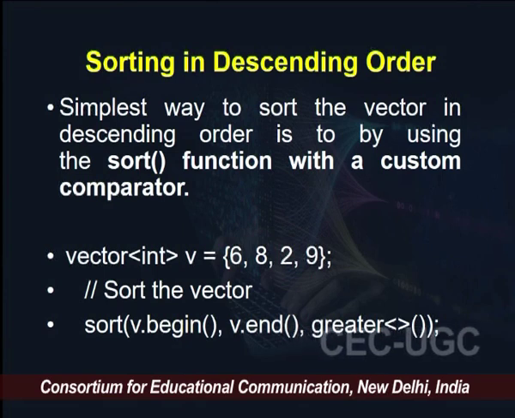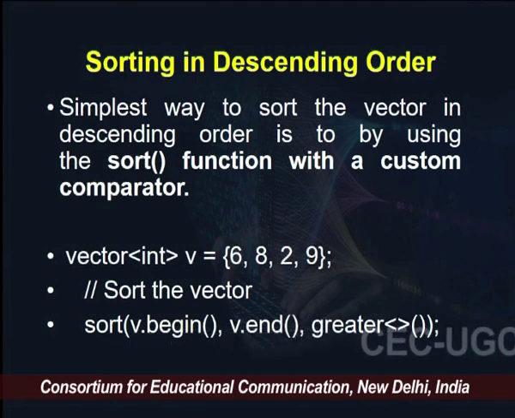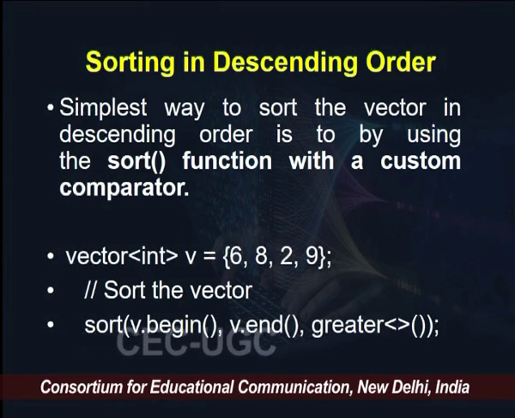So we have a vector v, obviously of integers, with elements 6, 8, 2, 9, and if we want to sort this vector in descending order, we will write sort, v.begin() to v.end(), which we have also seen in the previous lecture.